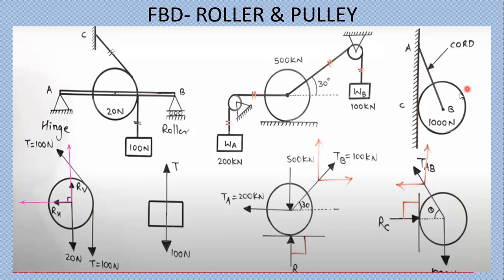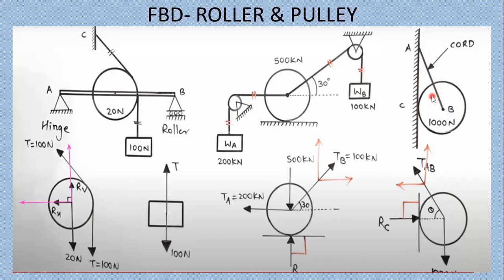That is the third diagram. In the third diagram, it is connected with a cord AB, and it is resting at the point C at the vertical wall. Here also, the tension in the string will be T, and that tension will be T of AB.